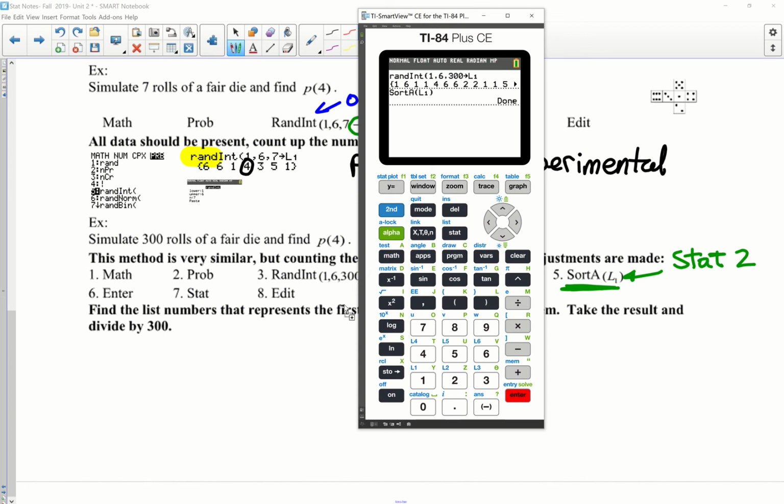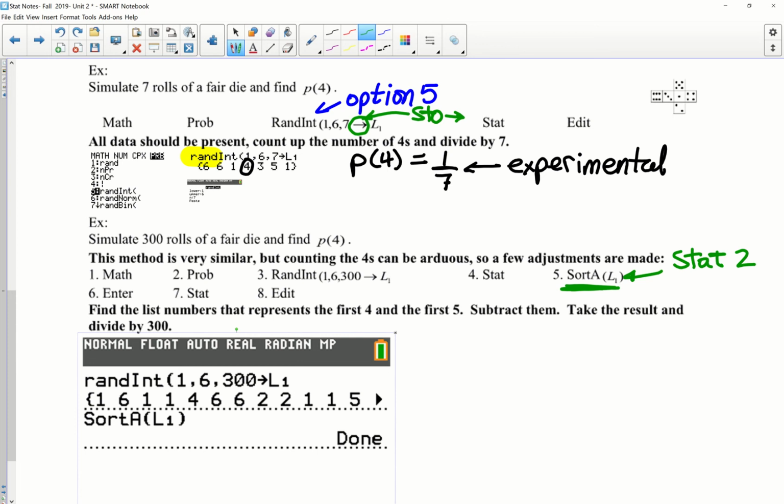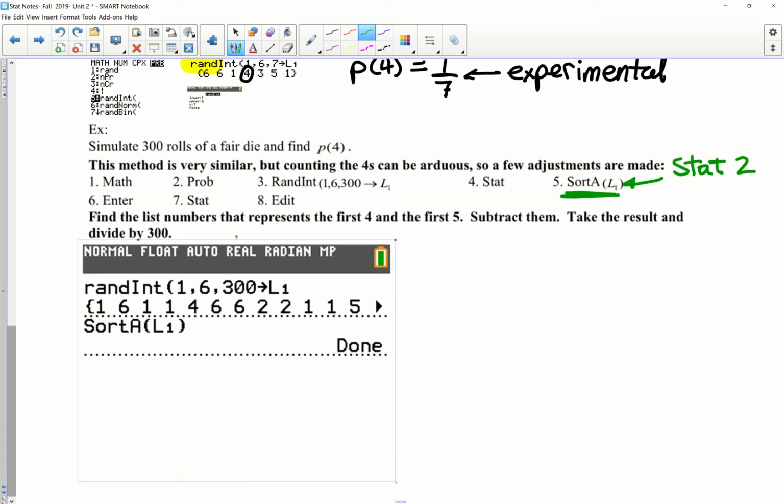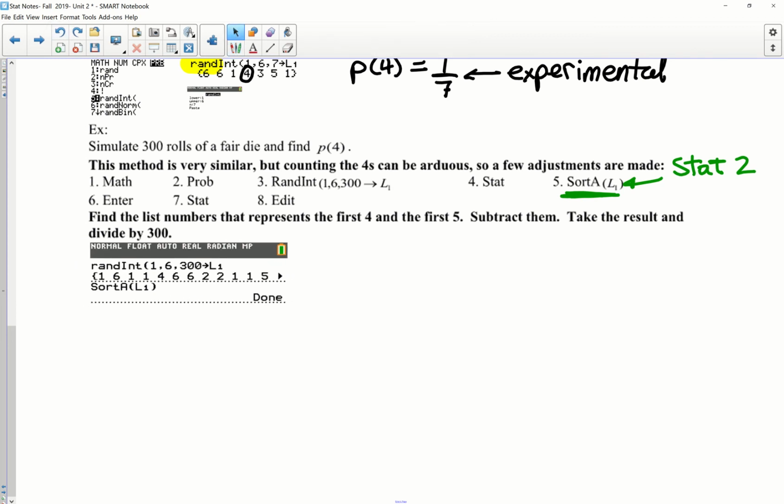You're like, oh, cool, great, wonderful work. What did that accomplish? Well, it sorted L1 in ascending order. Ascending order just means going from smallest to biggest. So now when I go back into my stat editor, all the numbers are going to be in order. It's going to be easier to count.